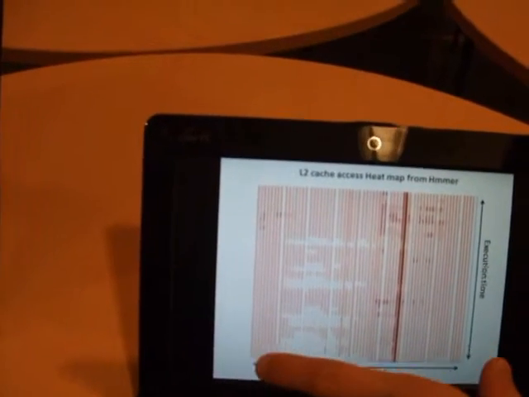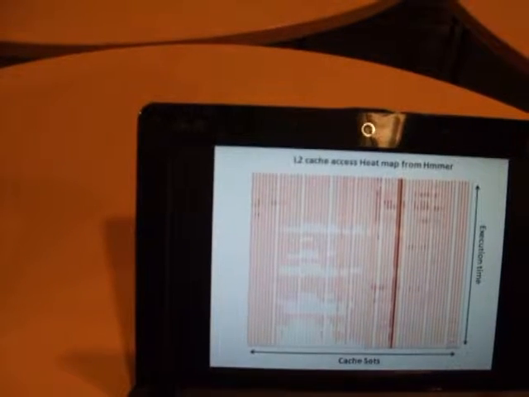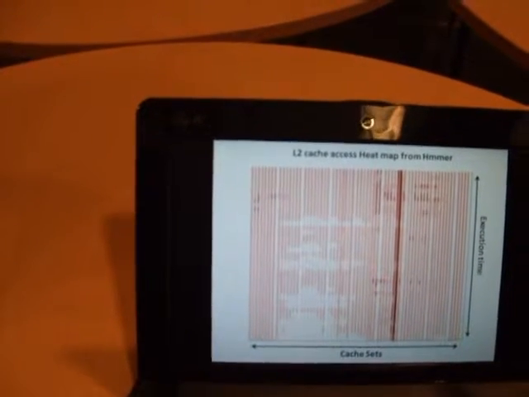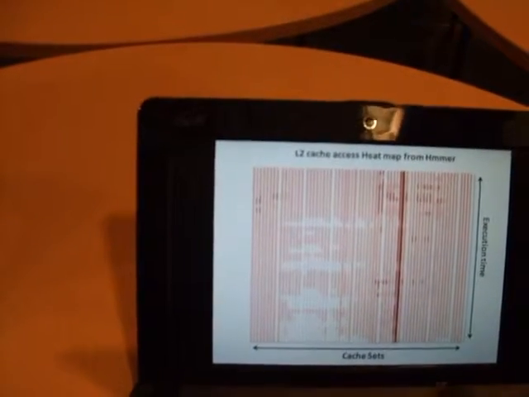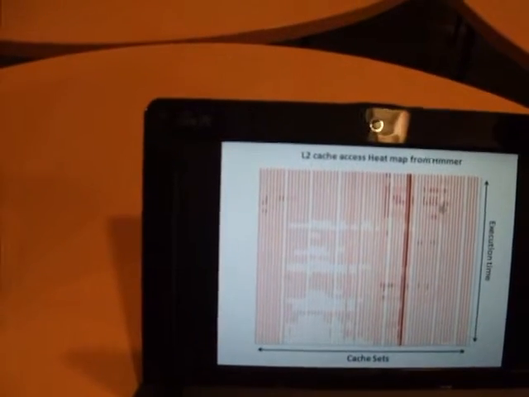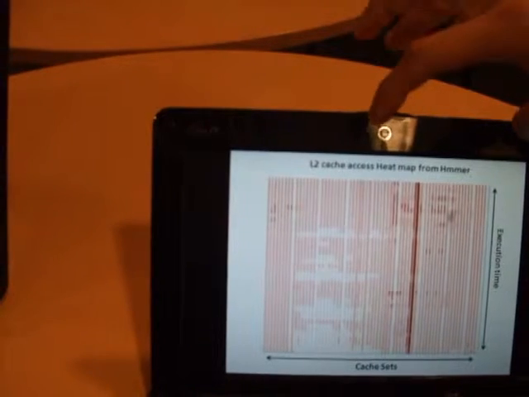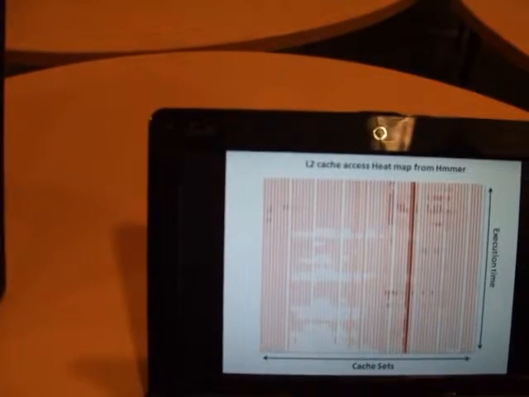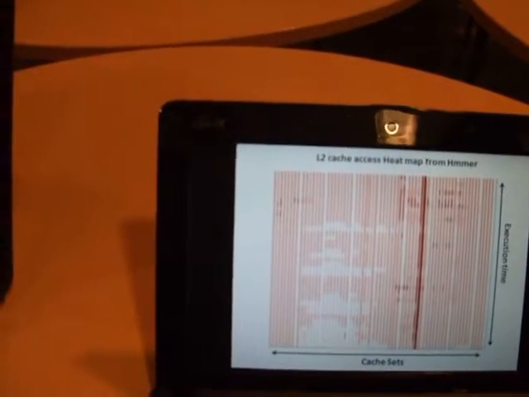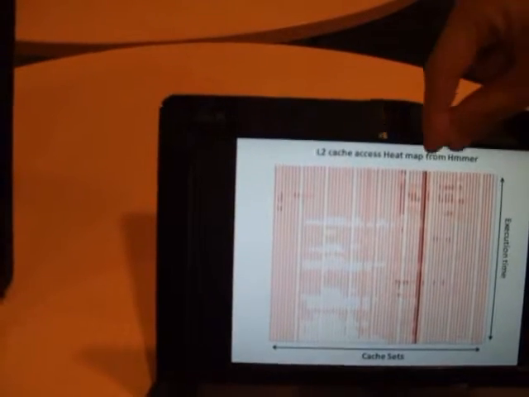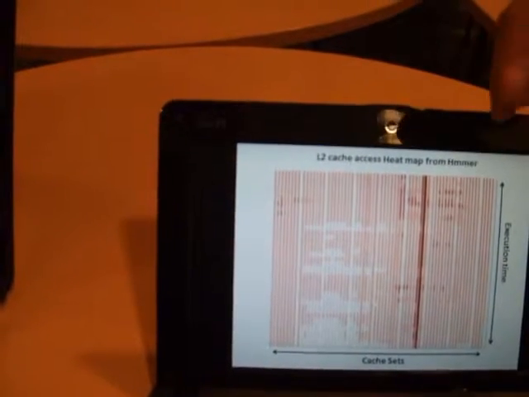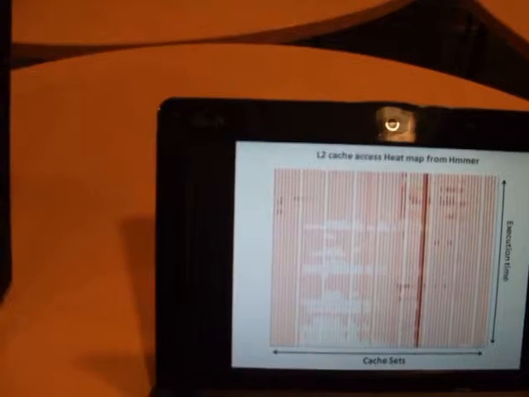If you see this graph, this is the L2 cache access heat map from the HMMER benchmark. You can see that HMMER doesn't access all the sets in its lifetime. It accesses particular sets with very high access counts.